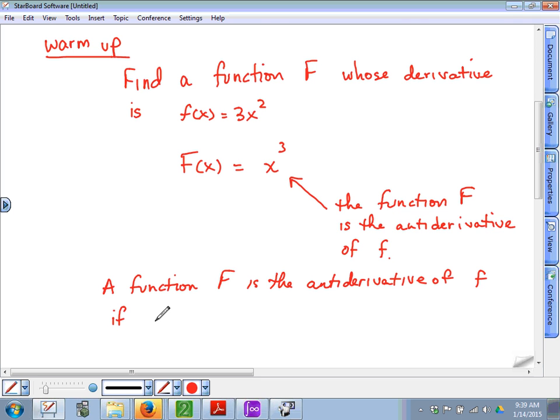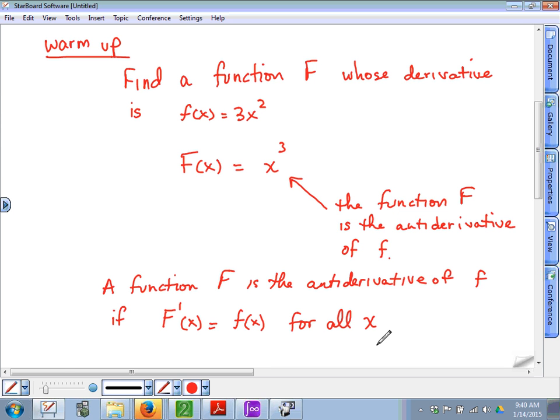How do we know that capital F is the antiderivative of f? Close. I think we've got to switch that around though. The derivative of capital F is equal to little f, right? Isn't that what we just showed? So capital F is an antiderivative if you take the derivative of it and it equals lowercase f for all x.